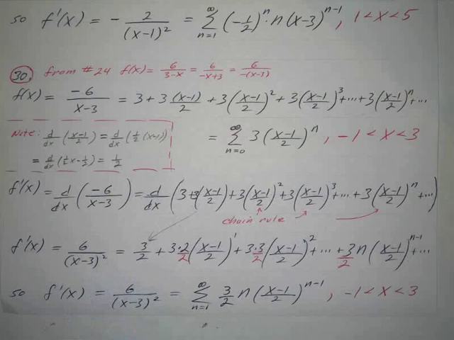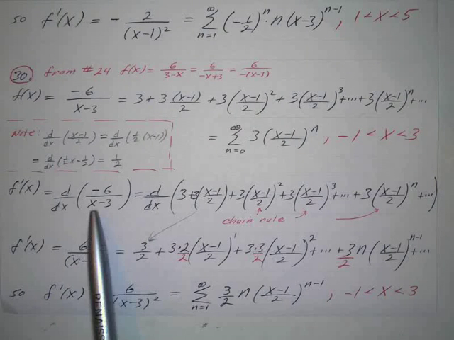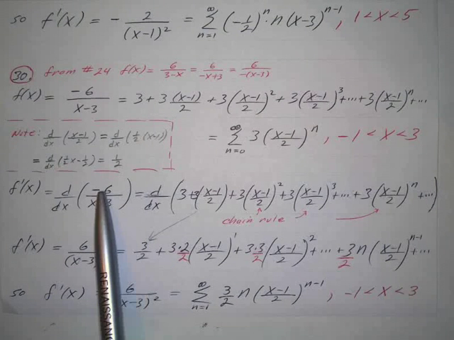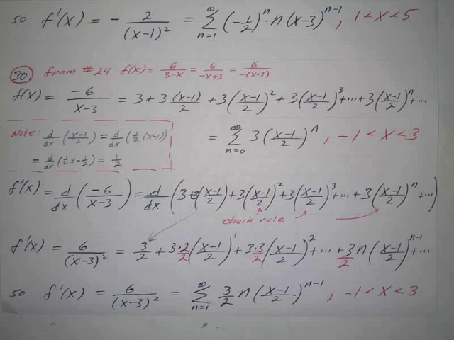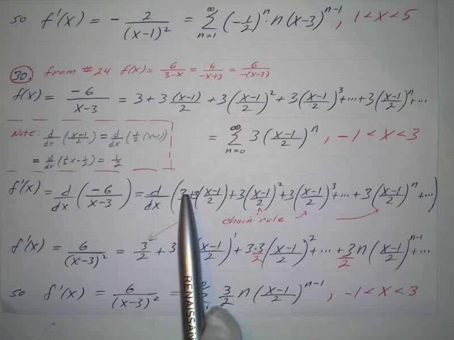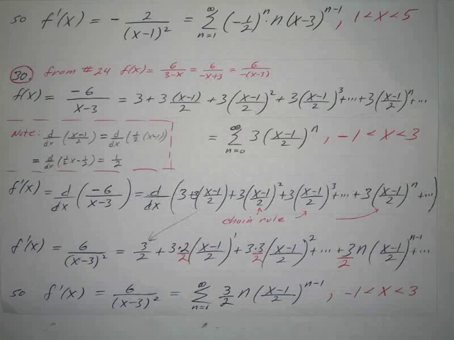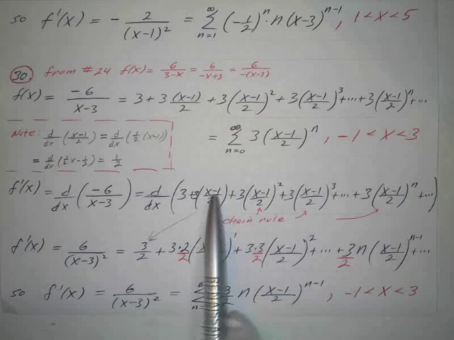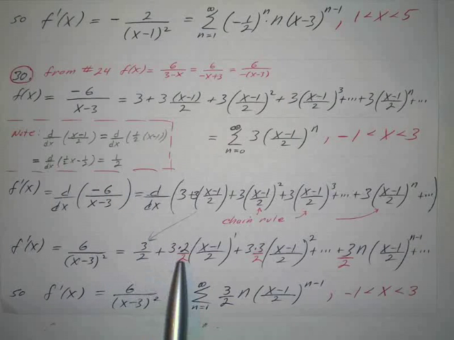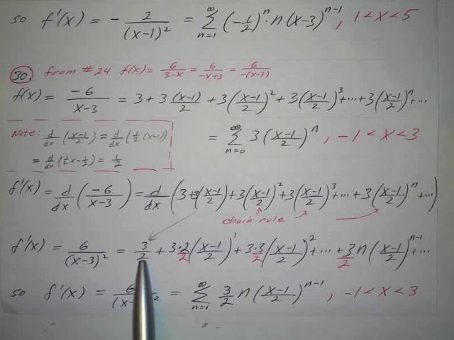So the derivative of this is going to be minus the derivative of this without the negative 6, or if I put the negative 6 in front, would be a negative 1 over the bottom squared. But since I had a negative, that makes a positive. The negative times the negative is positive. And I take the derivative of 3, which is 0. And then if I take the derivative of this, all right, then I've got 3, and then the derivative of the inside of this is just 1/2.